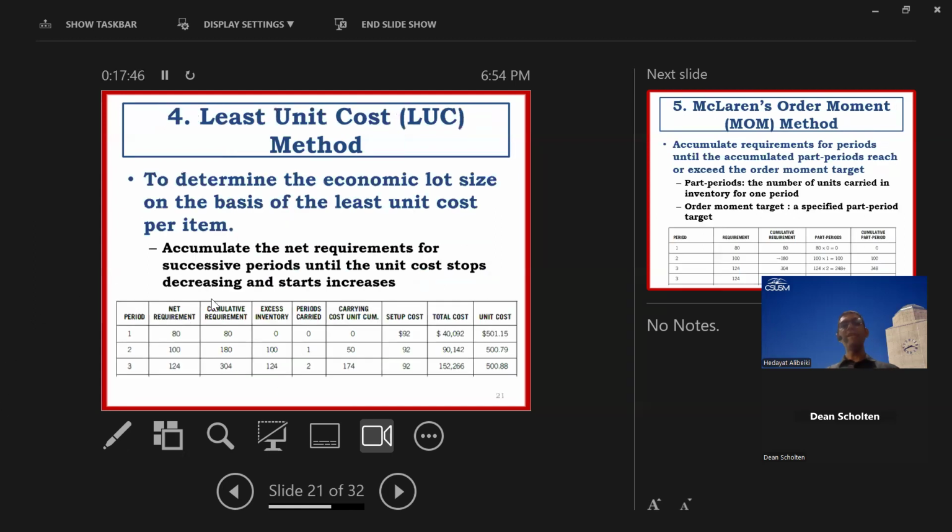This is an extension to, or a different version of, the least unit cost one. Instead of actually calculating costs and telling which one gives you the least cost, because cost is also hard, right?